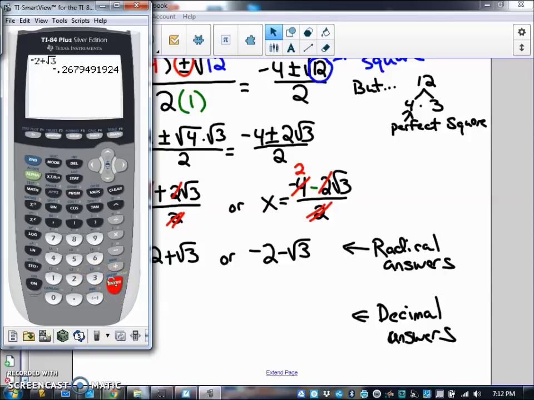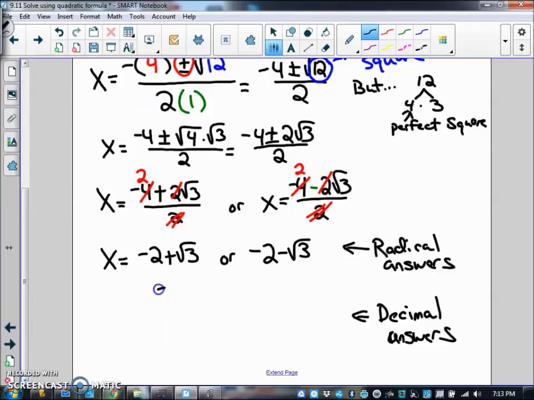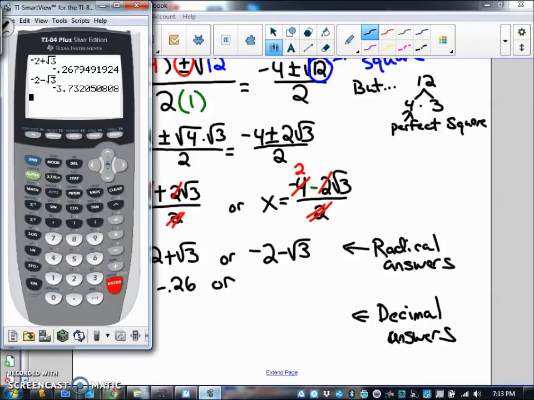Enter. Or negative 2 minus radical 3. Second x squared will give me the radical sign. Oops, a little too many buttons there. That sometimes happens. The 3 under there. And I find out my answers are either negative 0.26 or negative 3.73.